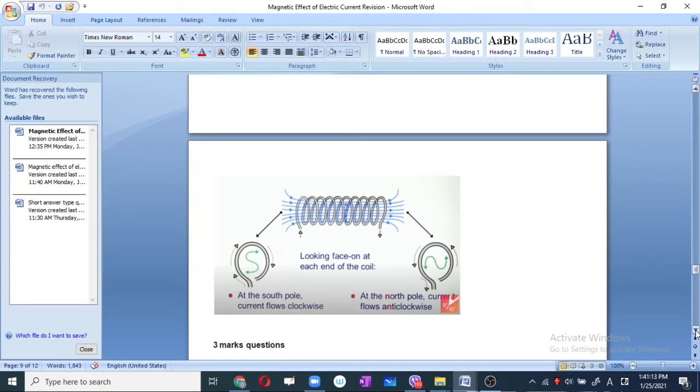Suppose if you have brought the north pole at one end of the solenoid, then if there is an attraction, it shows that that end of the solenoid is a south pole, and vice versa.